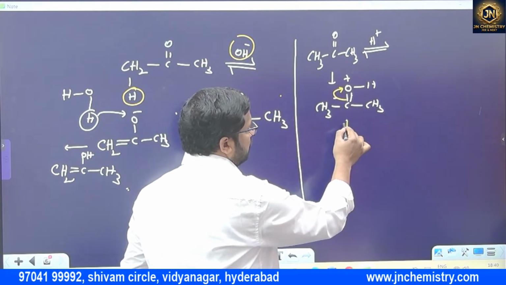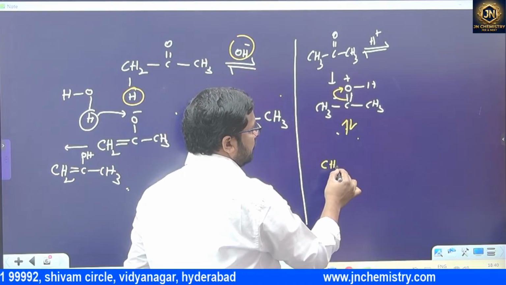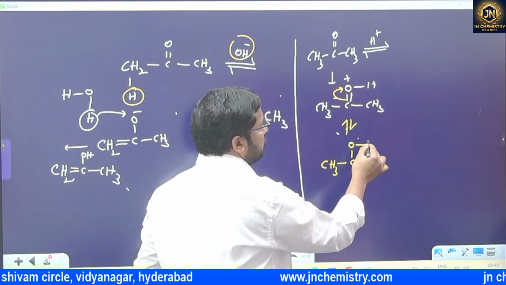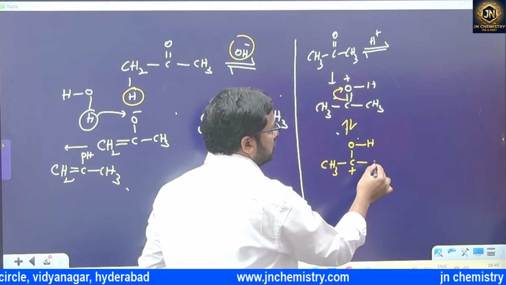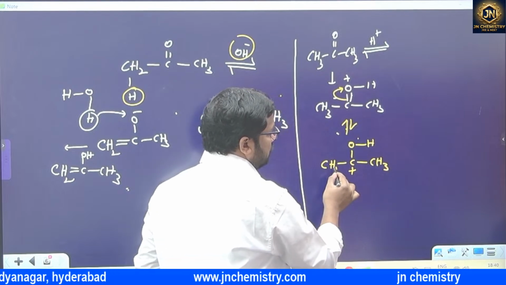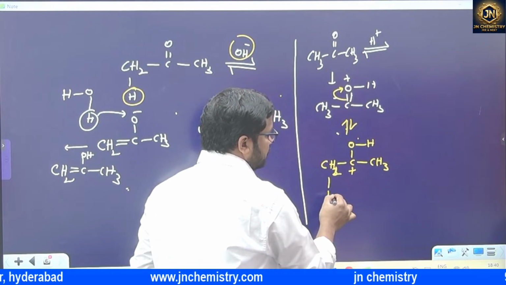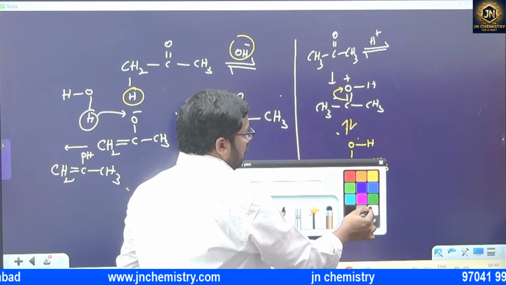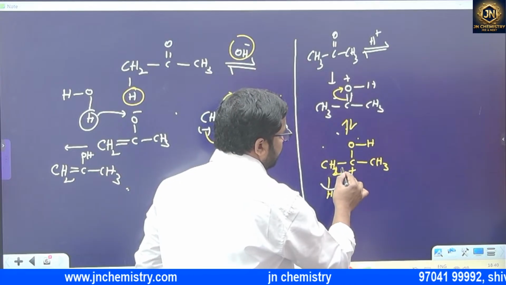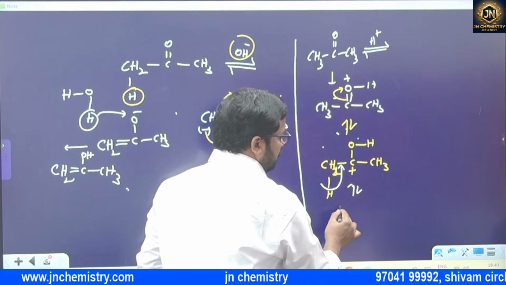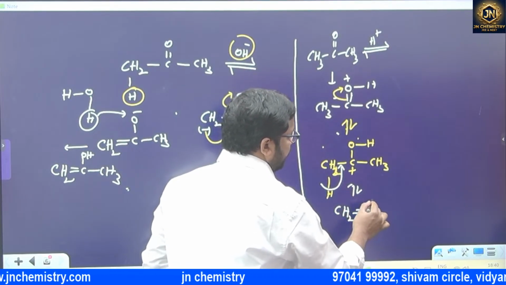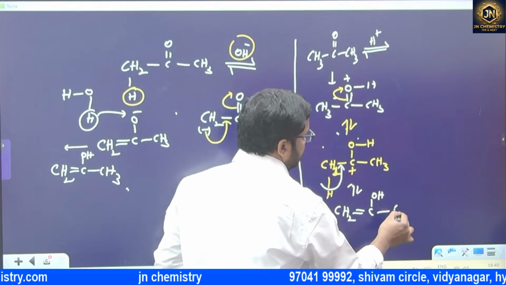So here, CH3 COH, there is a positive charge now. Now one of the H's comes out, so CH2 double bond COH CH3.